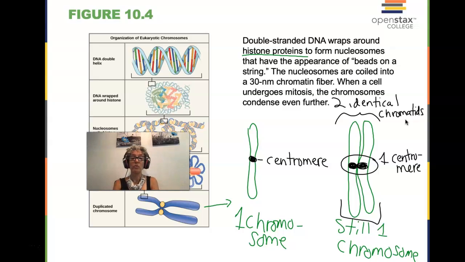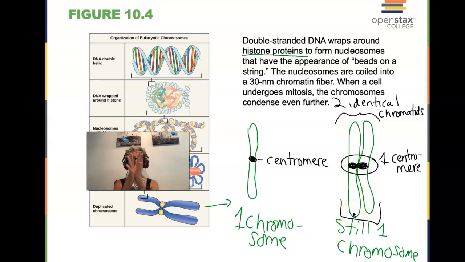This was one of the hardest things for me to wrap my brain around, that I can see double the amount of information. Why is that not two chromosomes? Well, it's not considered two chromosomes because we don't have any new information. When everything goes right during this phase of duplicating the chromosomes, the new one should be completely identical to the first one.